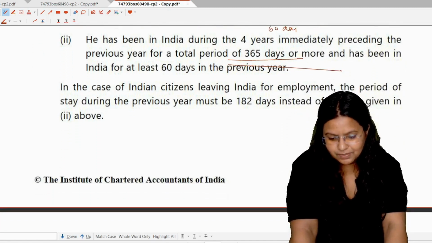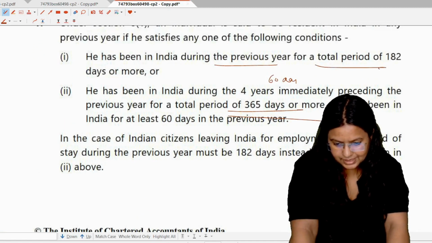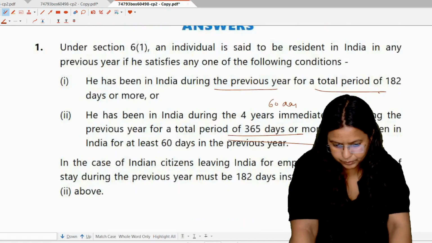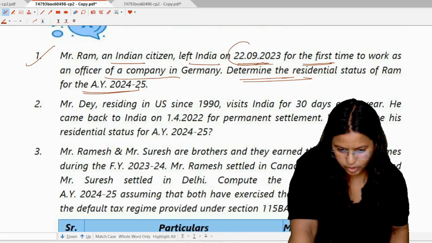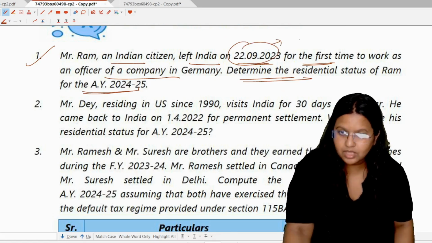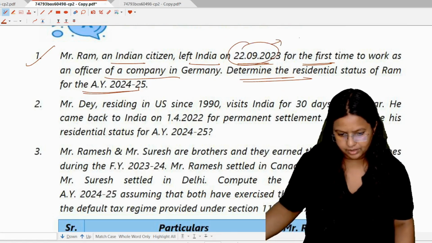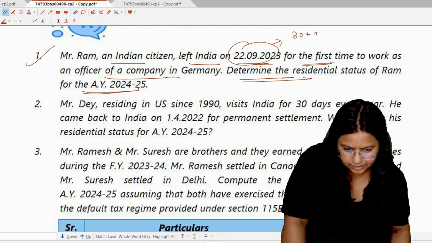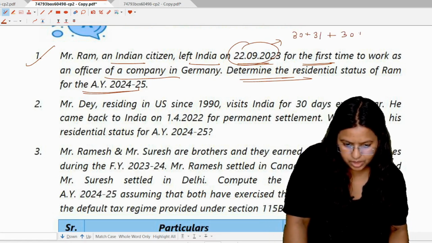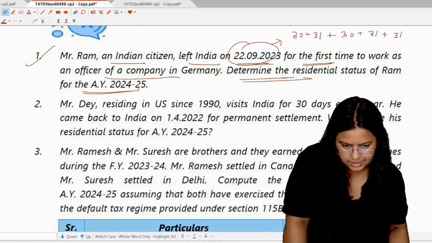In case of this person, he left India on 22nd September 2023. So just count these days: 1st April, 30 days, May, June, July, August, and September.